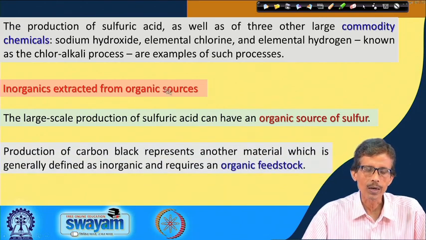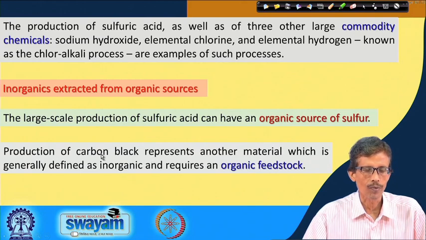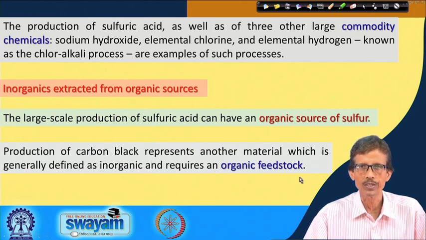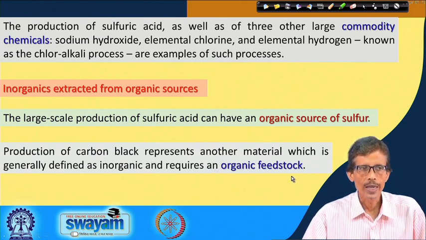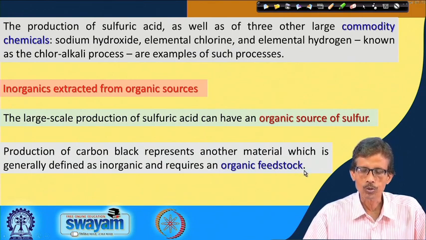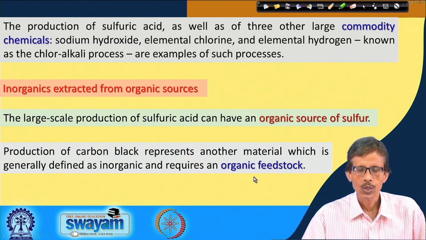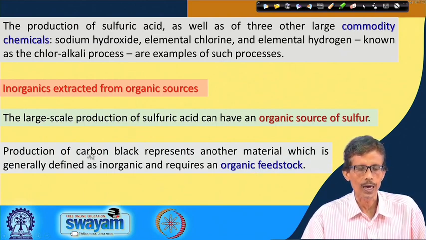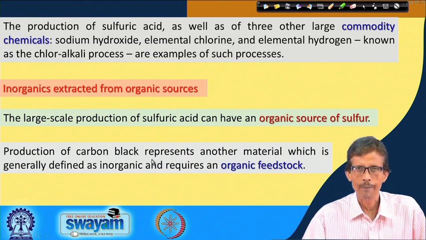Similarly, another organic source is the production of carbon black from organic feedstock. Any organic material, wood, jute or anything which can be burnt away, gives the corresponding carbon compound, or carbon black.